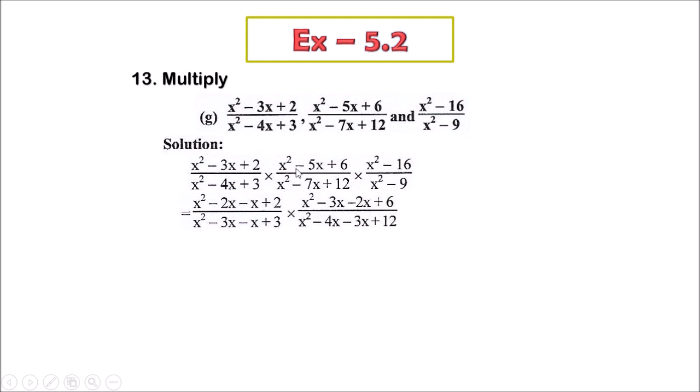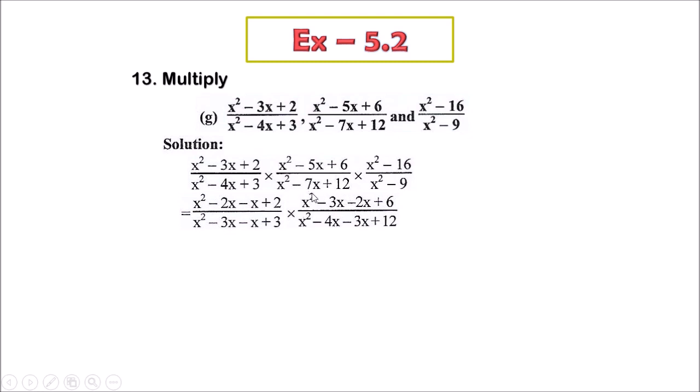The same way in the second fraction, we can break this 5x, we can write it as minus 3x minus 2x. If we multiply, we will get 6, and if you add them, we will get minus 5.